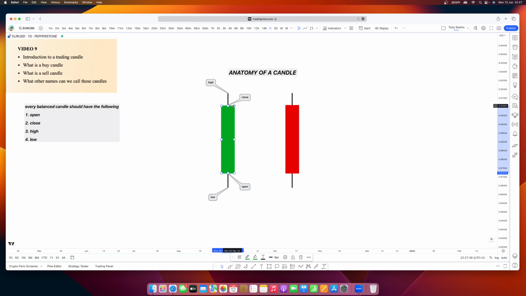So now, let's say we are on the daily chart, and this is the candle that is printing today as a bullish candle. What this means is that at some point, price bought all the way up to 0.91743. But let's say before the daily candle closes, price started to reject. As soon as price starts to reject, you're going to see something like a wick showing as price goes down. This is trying to tell us that this is the highest point price got to before it started to reject.